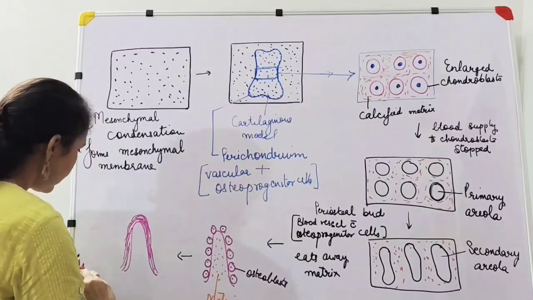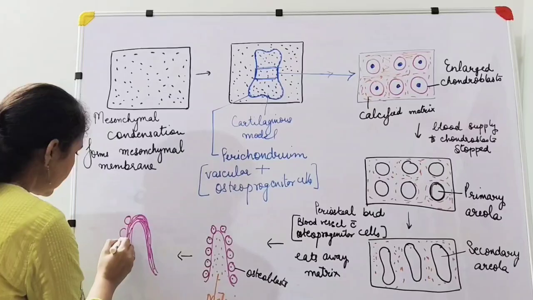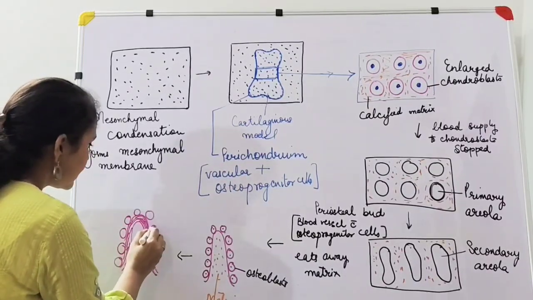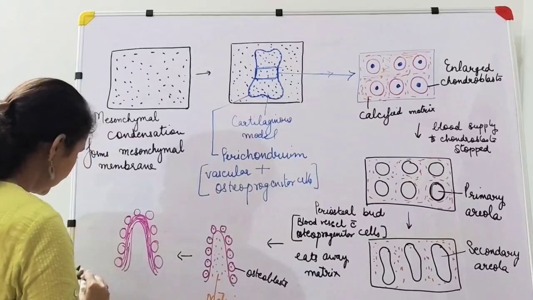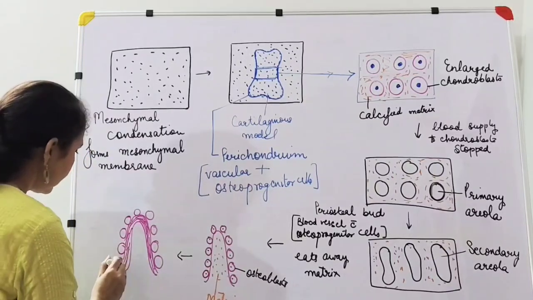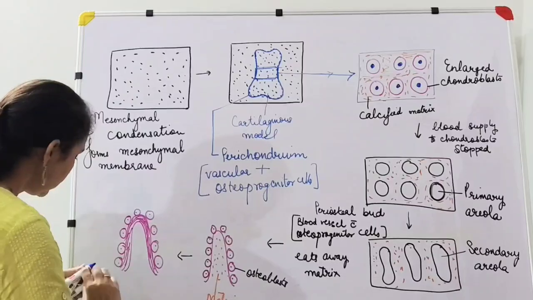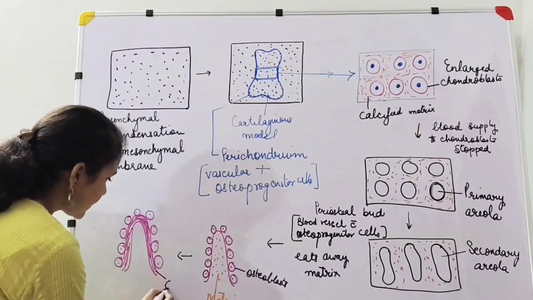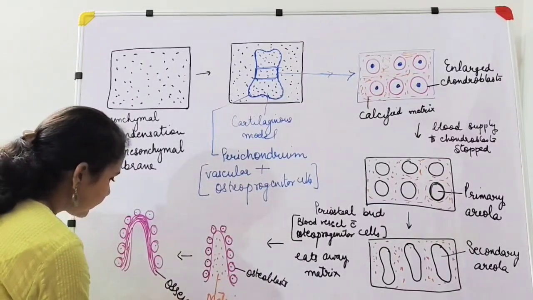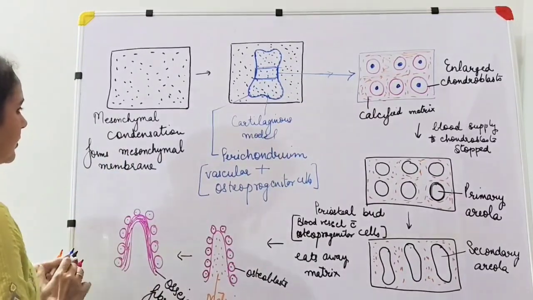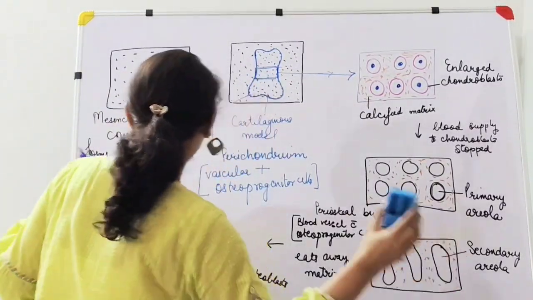Then you have the osteoblasts, which have arranged themselves along the margin of the ossein fibers, then their nucleus. You can label this as ossein fibers. Then what is the next step?